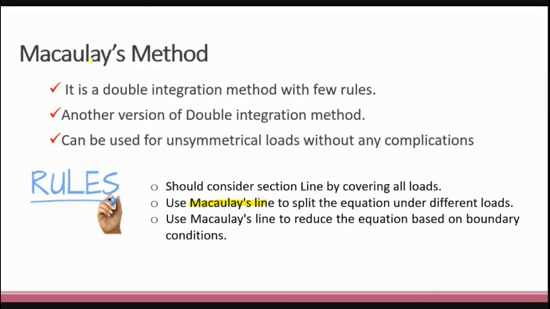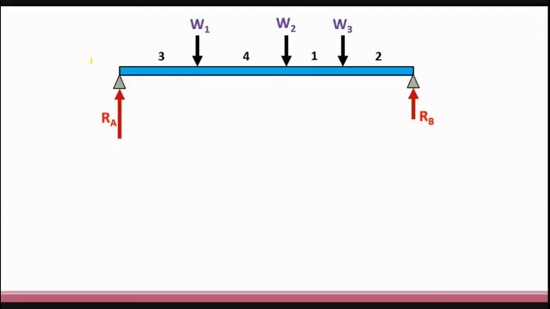There is another rule for UDL and other loads, which we will discuss while solving the problems. Mainly these 3 rules apply for any point load, and even for UDL, but UDL has an additional rule. Let me consider my beam, a simply supported beam having 3 loads, W1, W2 and W3.